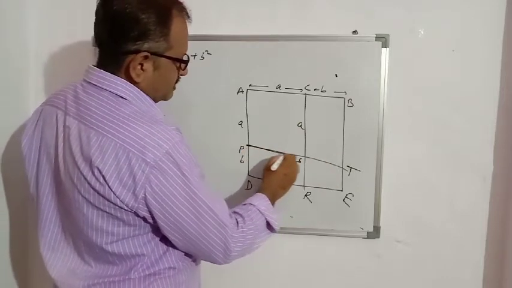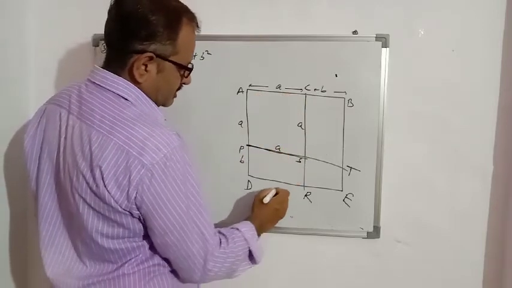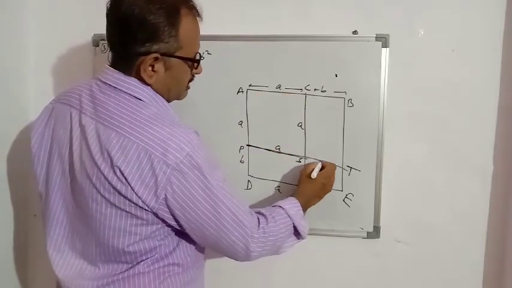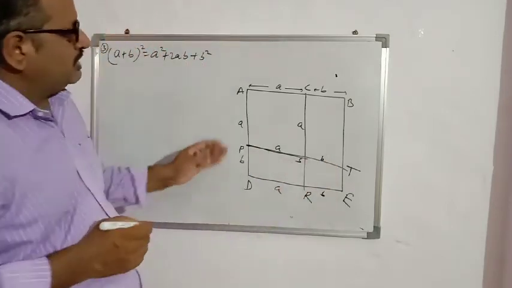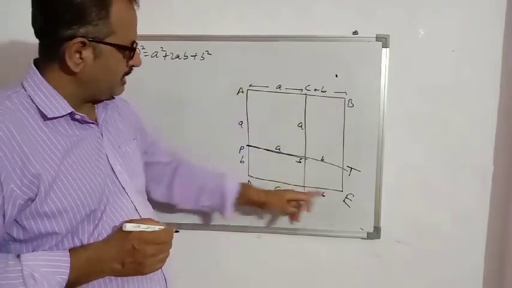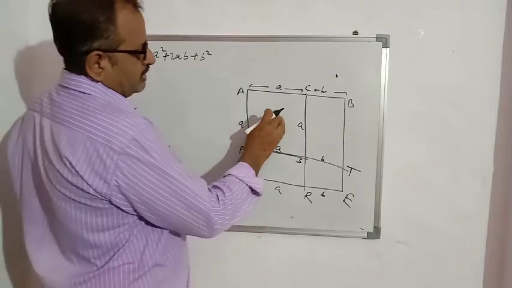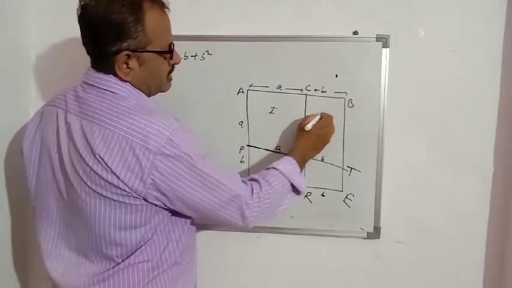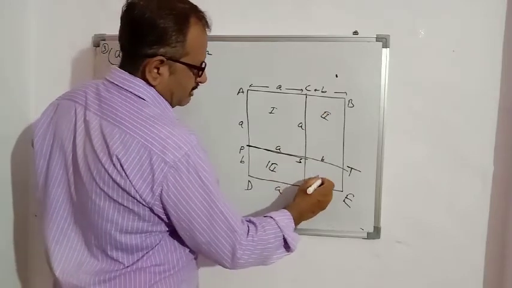What will be PS? This portion is a, so this side is also a. This is b, this side is b. So in this way, we have divided the whole square ABED into four regions, four figures. This is the first one, second, third, and fourth.